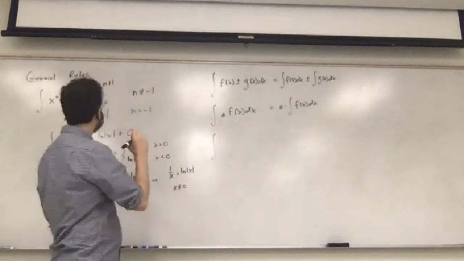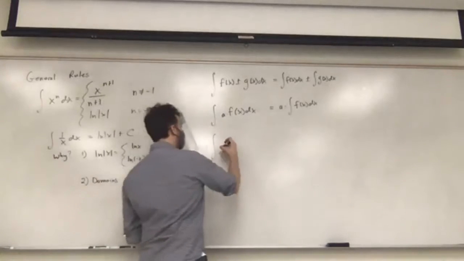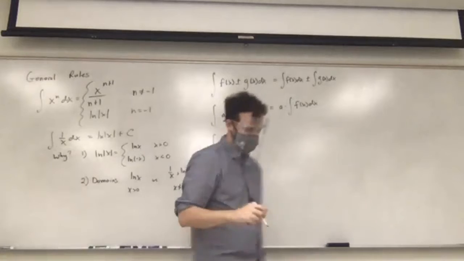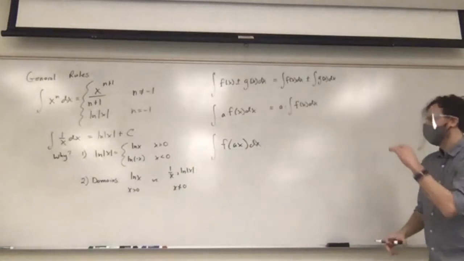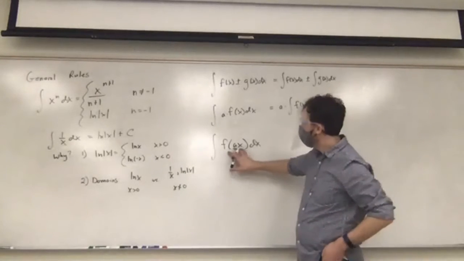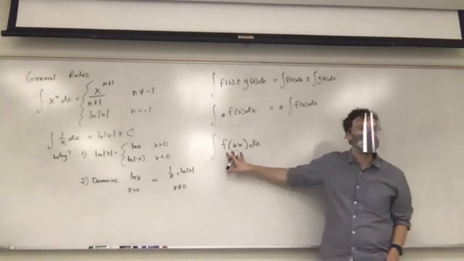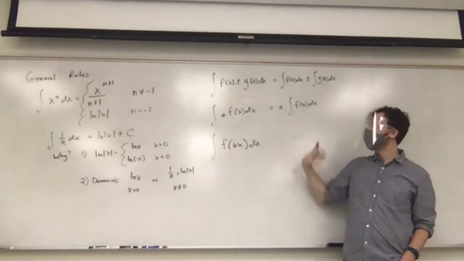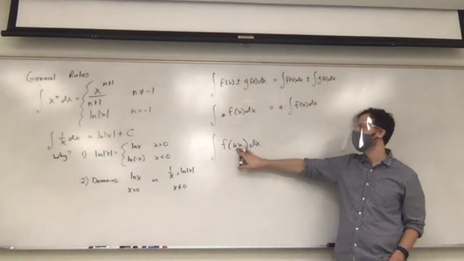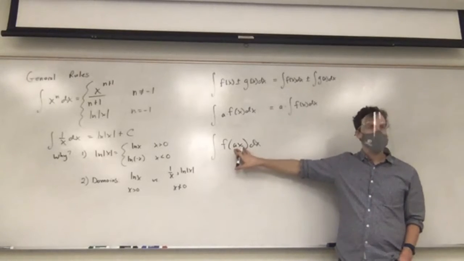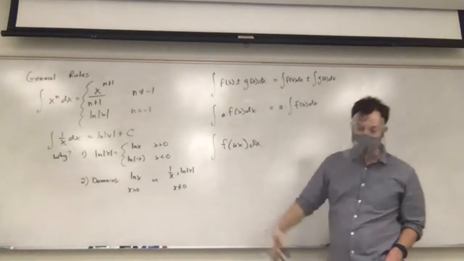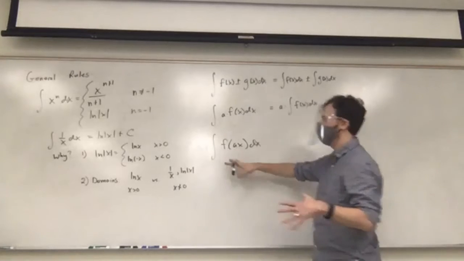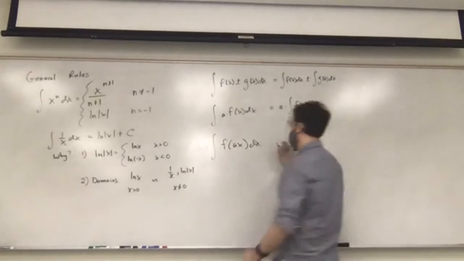And the last kind of general rule is, what if you have a function with an extra constant inside it? If you were differentiating something like this, this would be a small chain rule problem. You would take the derivative of the outside, but then you would have a second part that says take the derivative of the inside, and that would give you an extra factor of a. So that's what the forwards direction using a chain rule would give you. If we want to find the antiderivative, we try to reverse both of those processes.